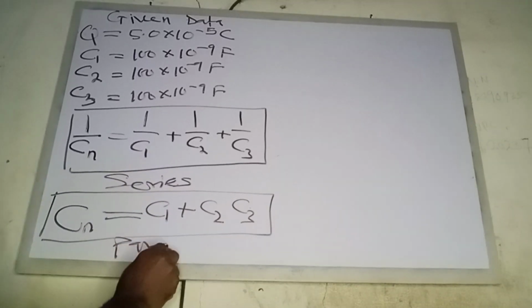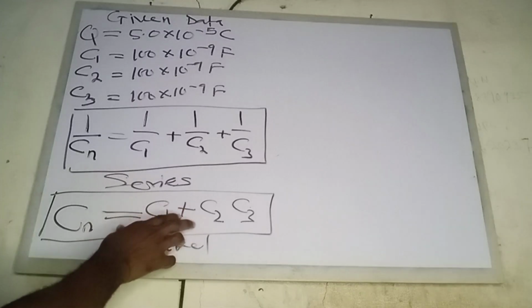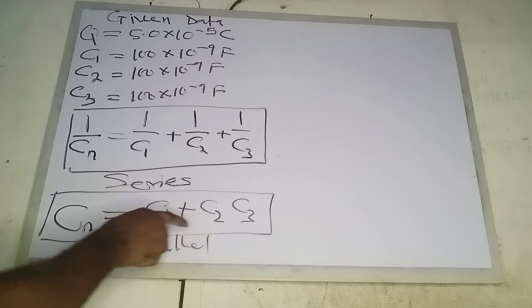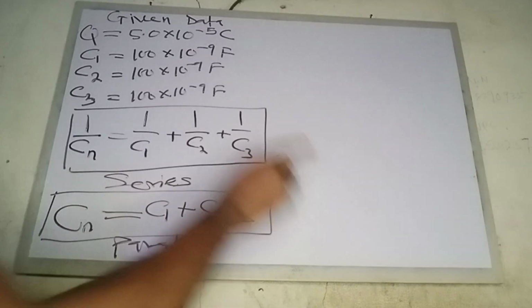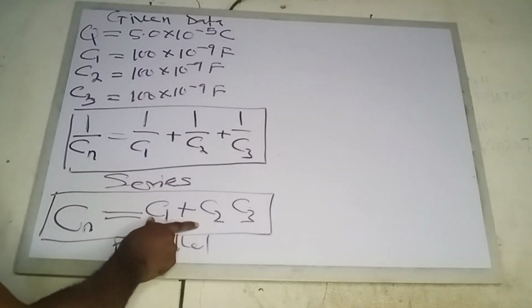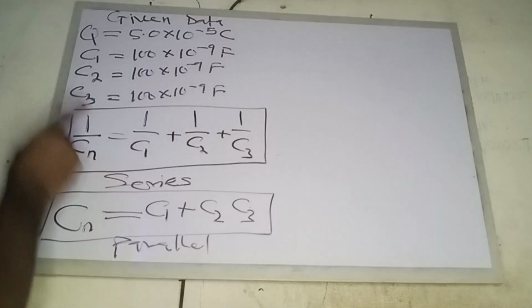Before we go on, we should understand something here. When capacitors are connected in parallel, the voltage is equal across all the capacitors. But in the case of a series connection, the total charge is equal.